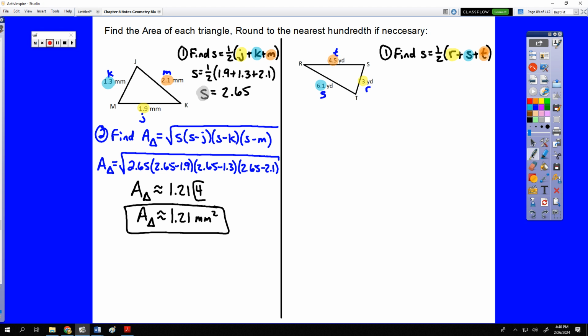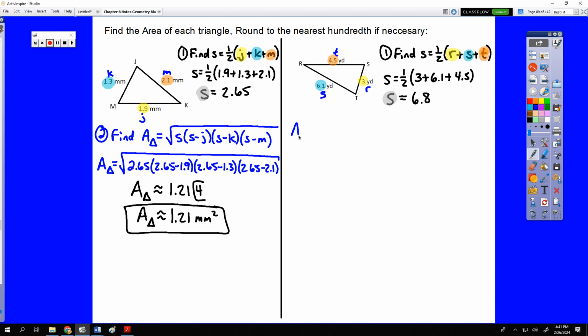So, that means that s is 1/2 of 3 plus 6.1 plus 4.5. So s is 6.8. Again, you add them up, divide by 2. That is going to be our s value.